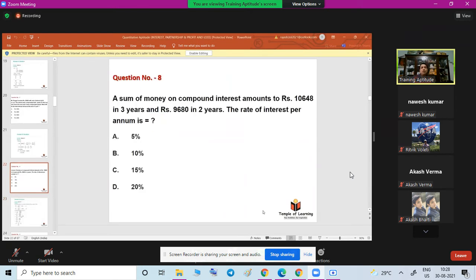A sum of money on compound interest amounts to 10,648 in 3 years and 9,680 in 2 years. Find the rate of interest. Quickly, very fast.